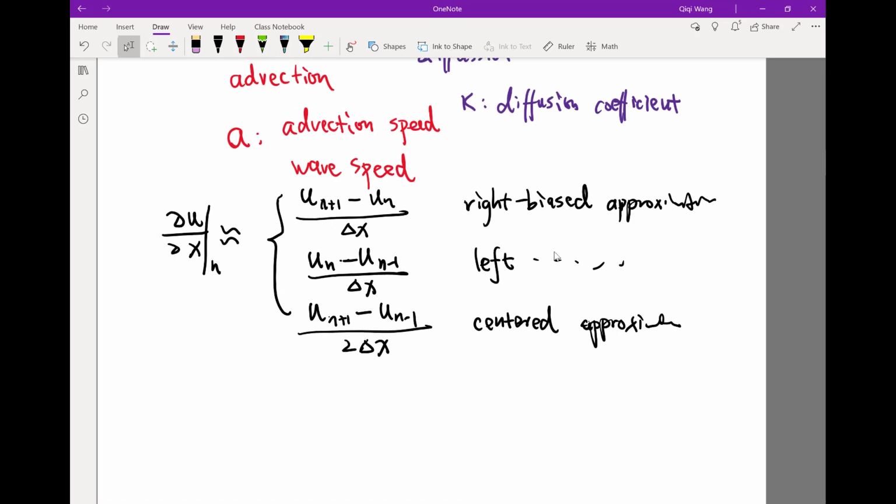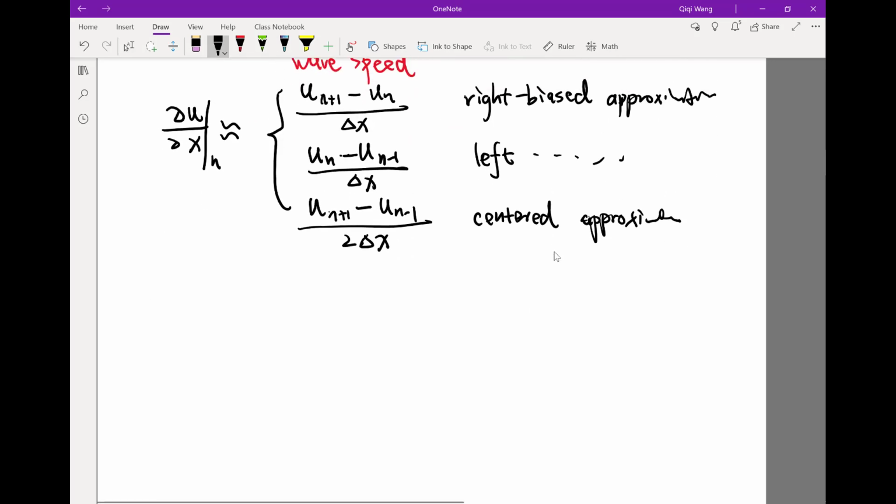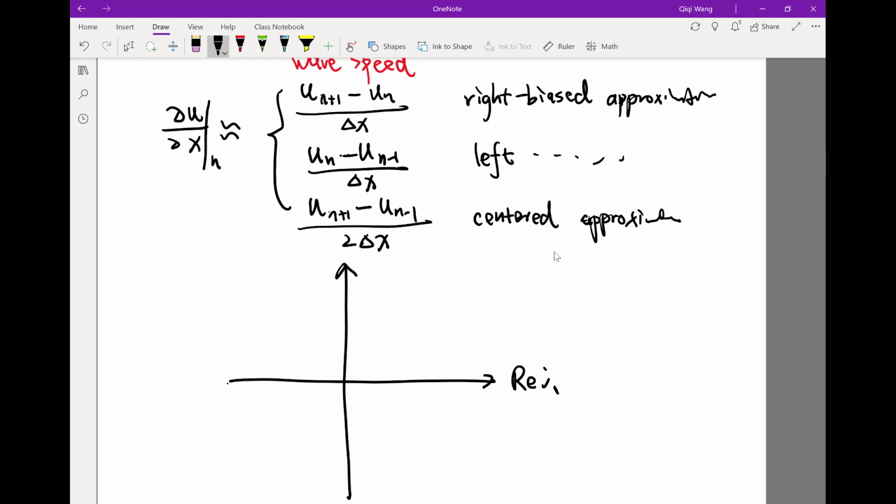So let me actually draw the stability region here. Let's say this is real of lambda, this is imaginary of lambda. If we write the scheme in matrix form, that means we write the approximated derivative at every grid point as a column vector, and also write the solution at every grid point as another vector. Then the approximate derivative is equal to a matrix times the solution.